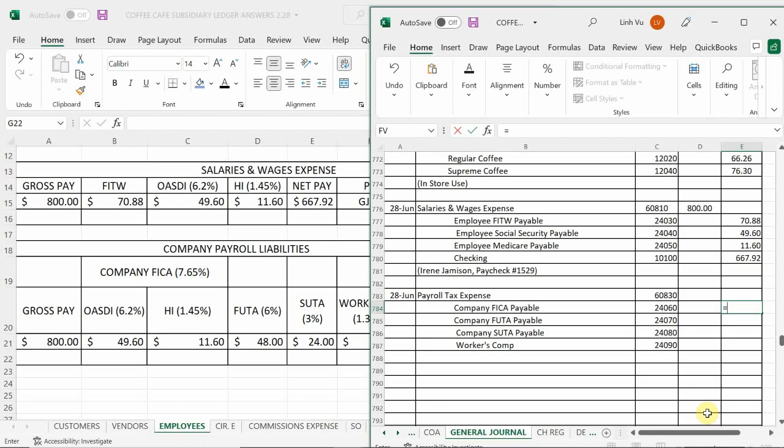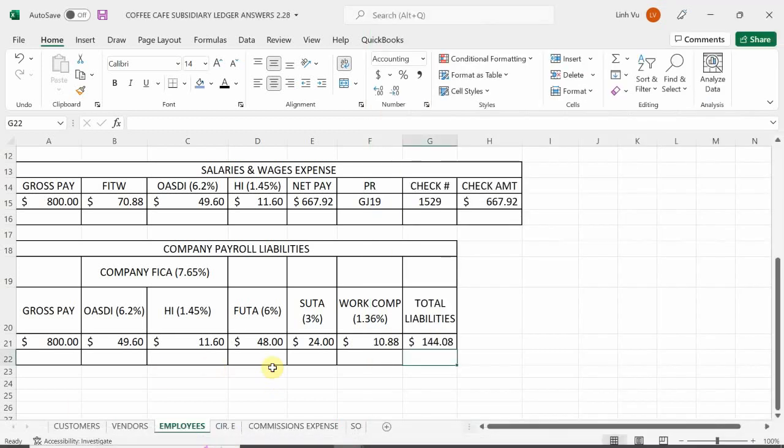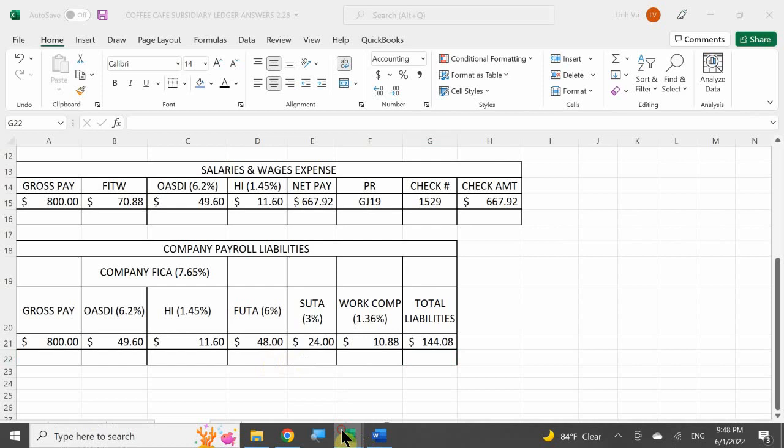So company FICA is going to consist of the $49.60 for Social Security, and it's also going to include the $11.60 for the Medicare, right? That's the FICA, is the Social Security and Medicare. We are also going to include, let me see, the FUTA was $48, SUTA was $24, and the workers' compensation was $10.88.